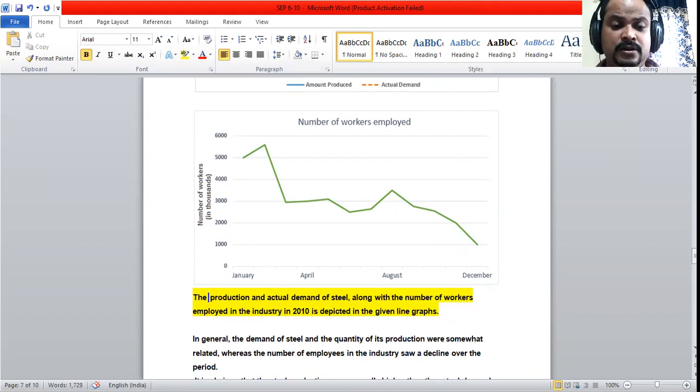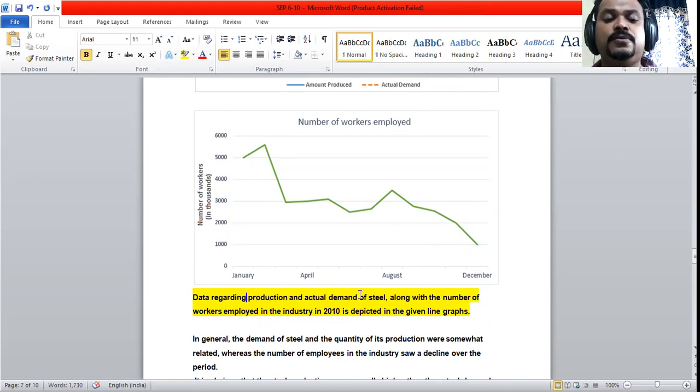The data regarding production and actual demand of steel, along with the number of workers employed in the steel industry.